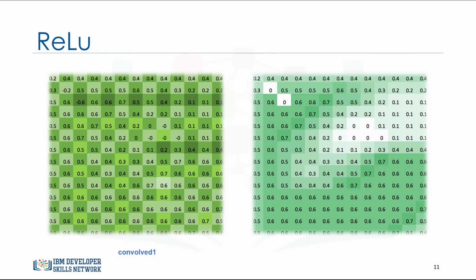ReLU is a nonlinear activation function, which is used to increase the nonlinear properties of the decision function. So, how can we apply it on a convolution layer? Well, we just go through all outputs of the convolution layer, convolved 1, and wherever a negative number occurs, we swap it out for a 0. This is called the ReLU activation function.